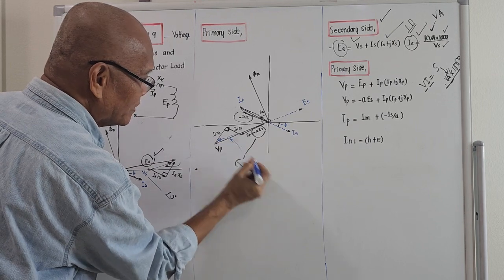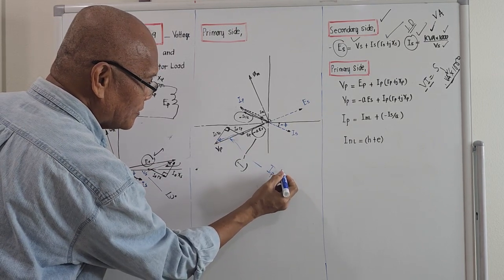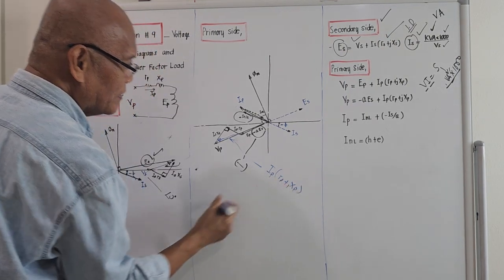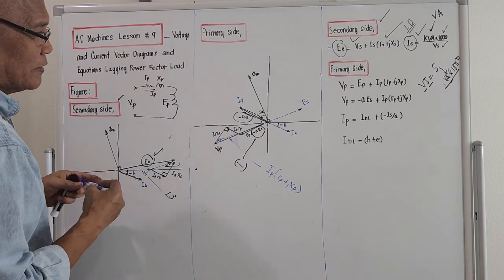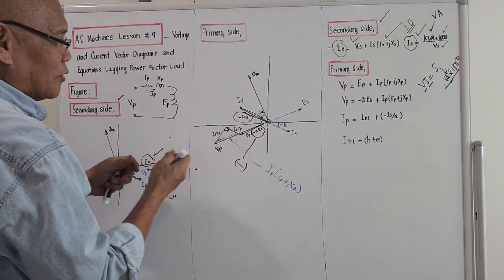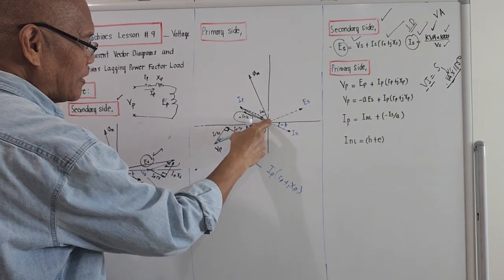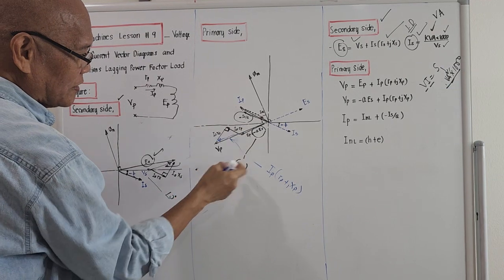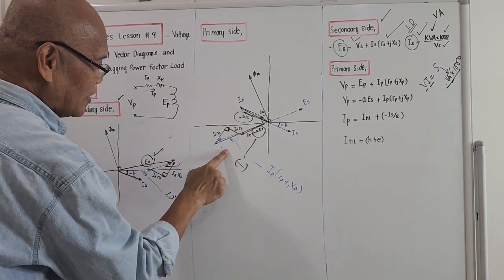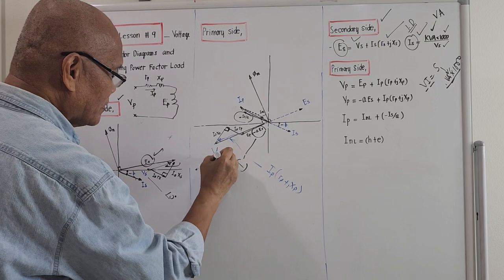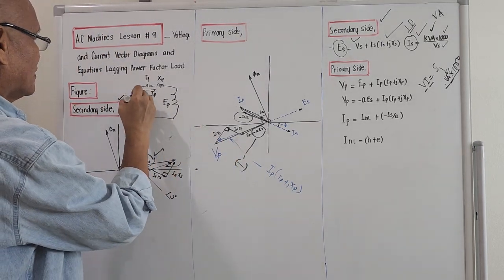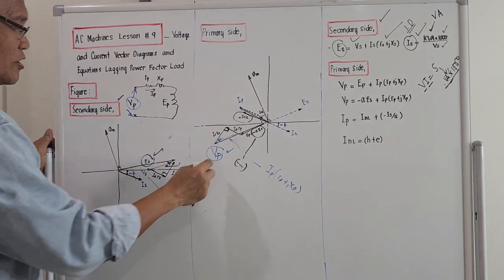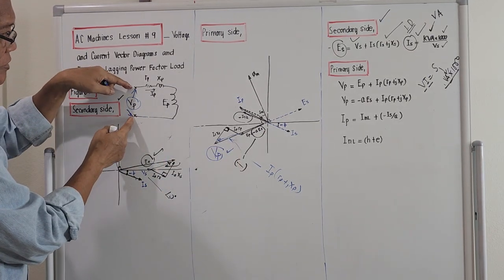The vectorial sum of the two is this one, and this is I primary times (RP plus jXP). This portion here. So the vectorial sum of the primary induced voltage, plus IPRP plus IPXP, is actually V sub P. This is now V sub P. This voltage here is the one across the primary.